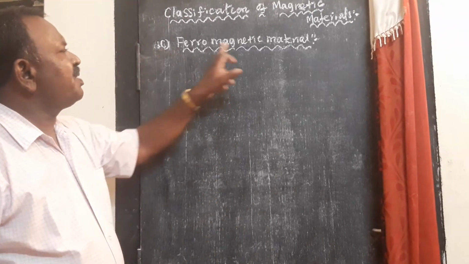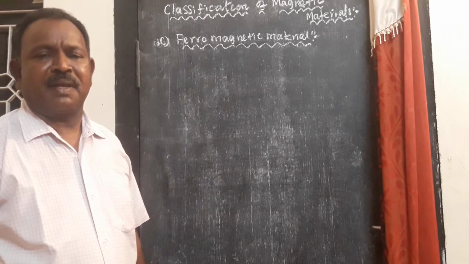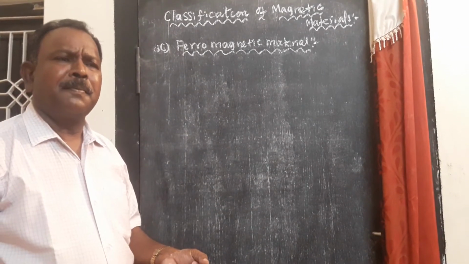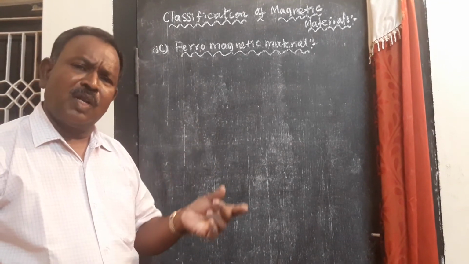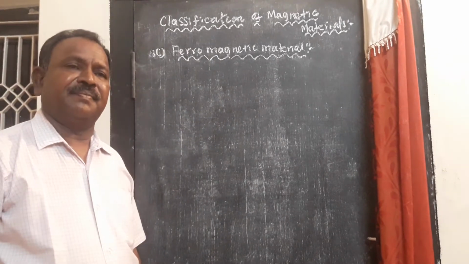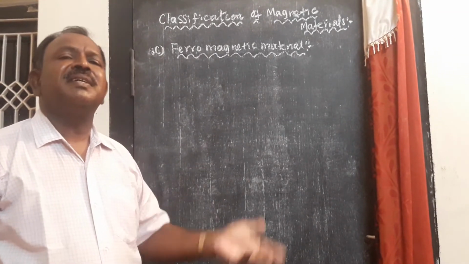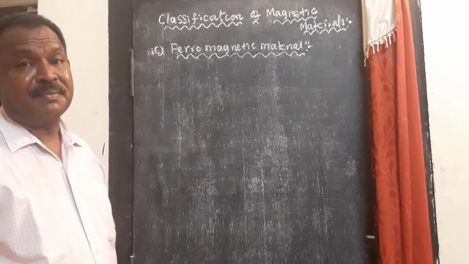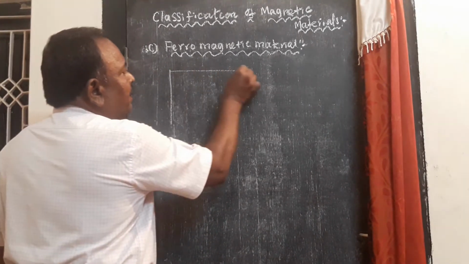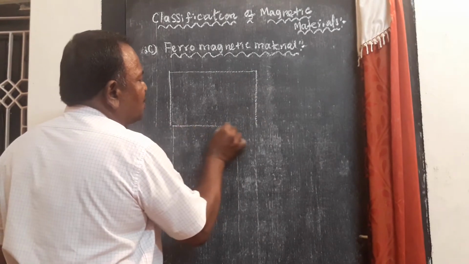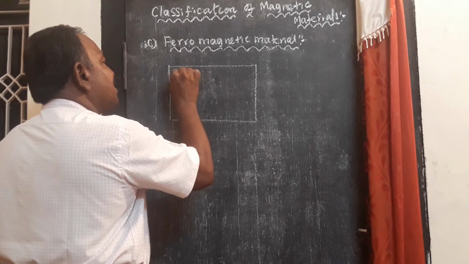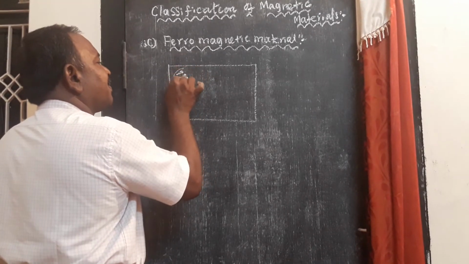In this session we are going to see about ferromagnetic material. In the case of ferromagnetic material, every atom or molecule will have a permanent dipole moment, so they have a resultant dipole moment. Not only that, the dipole moments produced by the atoms or molecules will align in the same direction up to a certain region.